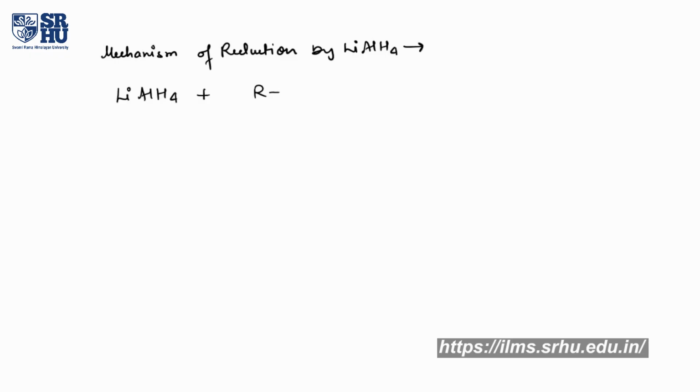Okay, so let us start with the mechanism of reduction by LiAlH4. So let us take an example where lithium aluminium hydride LiAlH4 is going to reduce, say, a ketone, and due to this a secondary alcohol will be formed.